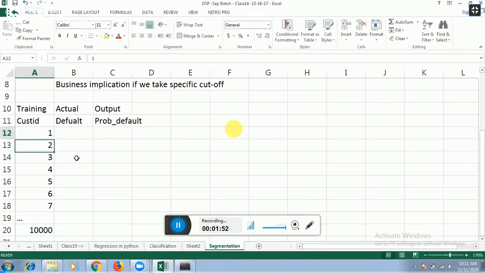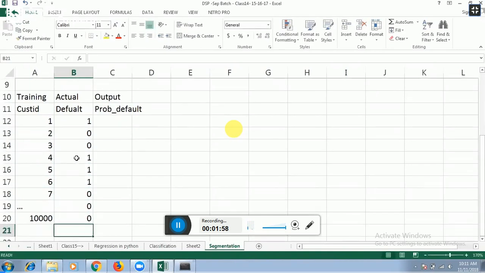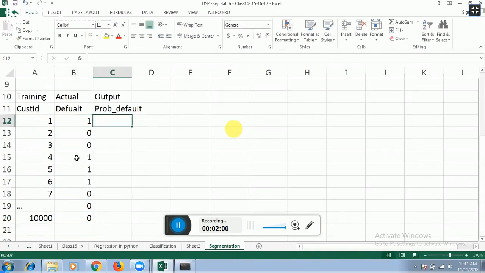The actual values are ones or zeros, something like that. Now the probability of default, you may have 0.5, 0.2, 0.15, 0.6, 0.7, 0.15, 0.4, 0.8, 0.2, 0.1, something like that.